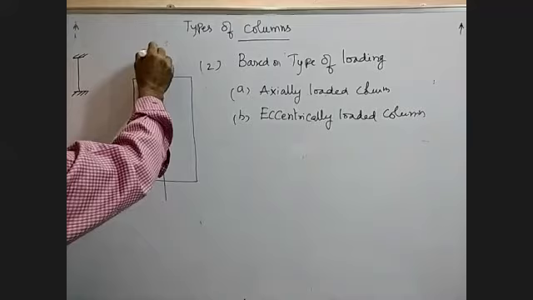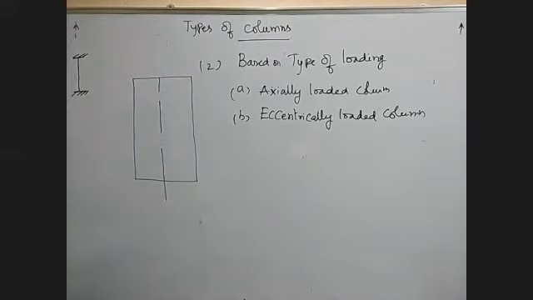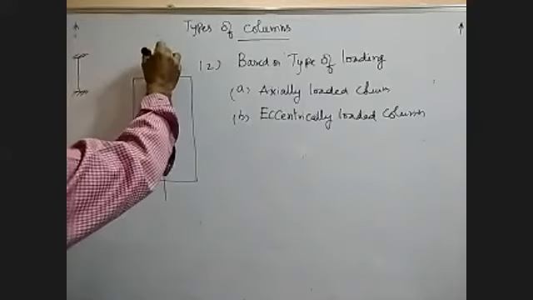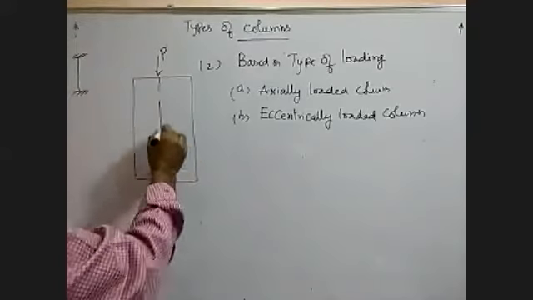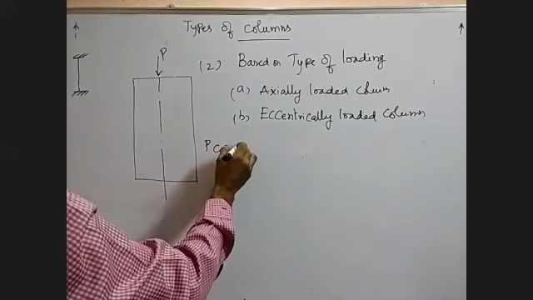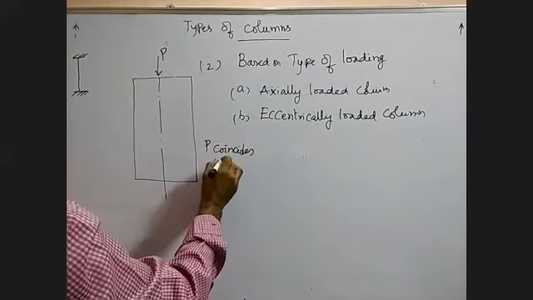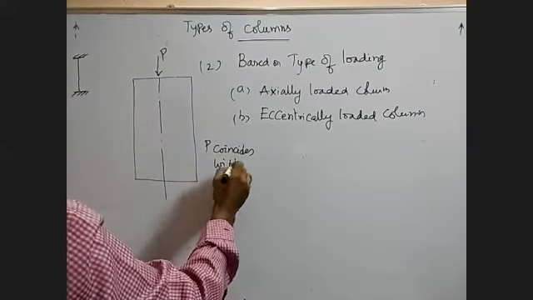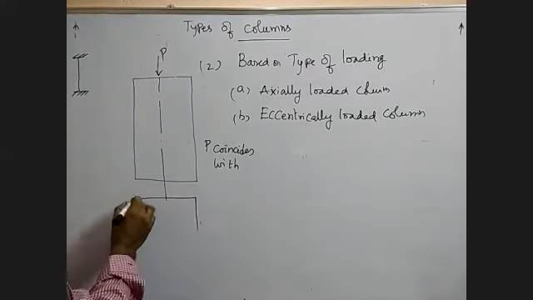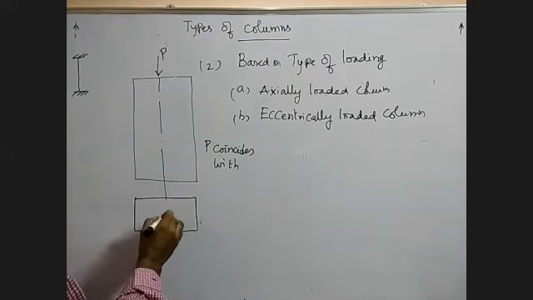So when this compressive force, the line of action of this force, coincides with the axis, that is the CG of the cross section. If you take the cross section, you have a CG.